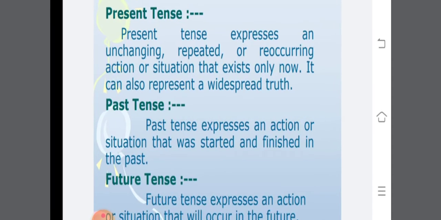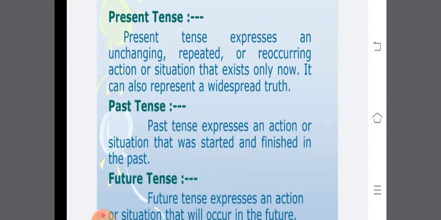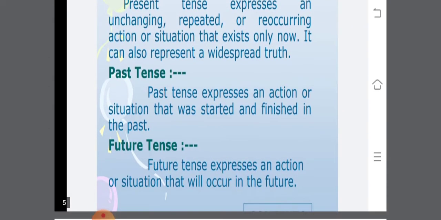An unchanging, repeated, or reoccurring action or situation that exists only now. Now past tense expresses an action or situation that has started and finished in the past. Future tense expresses an action or situation that will occur in the future.